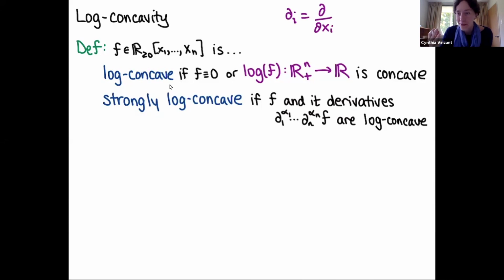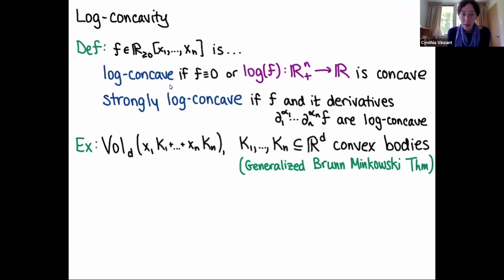And I always want the resulting polynomial to be log concave. It's a polynomial, so I'll eventually get down to 0, but that's fine. And everything in between should be log concave. This will often get abbreviated SLC if I'm short on space. And this turns out to be a surprisingly useful class of polynomials.